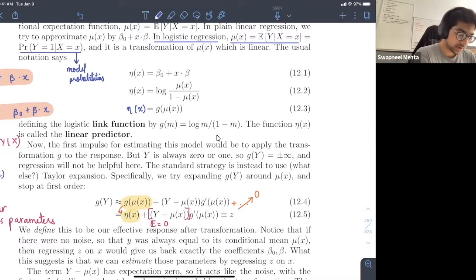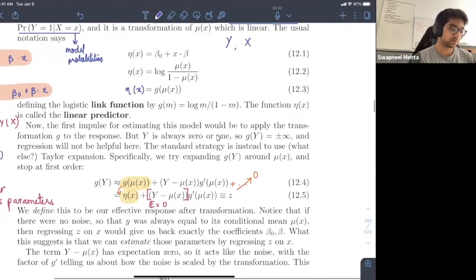Keep in your mind that this is what you really have: sets of y and x. This is your data set. And all of this stuff you're building up in your head, you're saying, I'm going to assume there is this model, I'm going to assume that there are these functions, and hopefully that holds. It's interesting to make those assumptions, and that's what this textbook is entirely about.